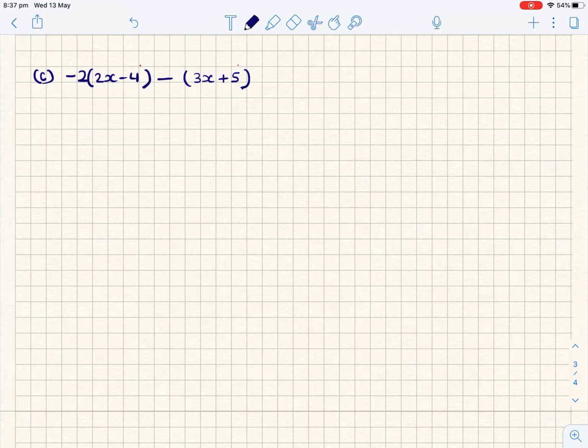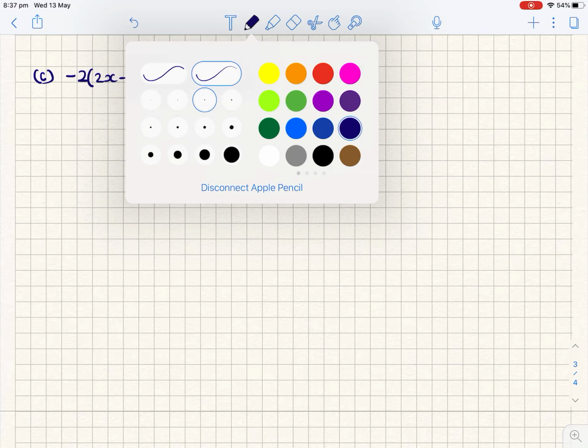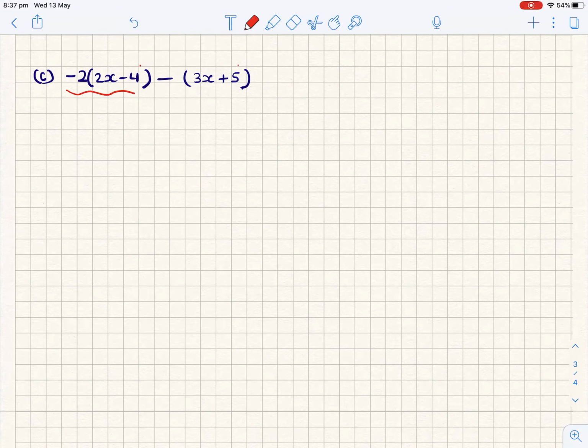Now here you need to be careful. We have 2 terms separated by a negative sign in between them. There is a negative term outside the bracket, and even here there is a negative sign outside the bracket. So if you multiply each term of the first bracket by negative 2, the sign inside will change. Now there is no number outside the second bracket.